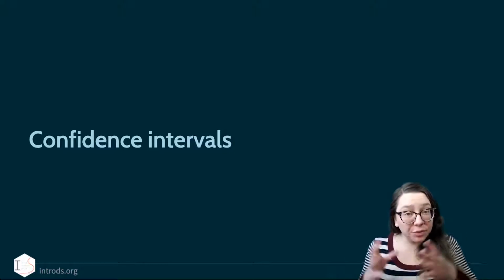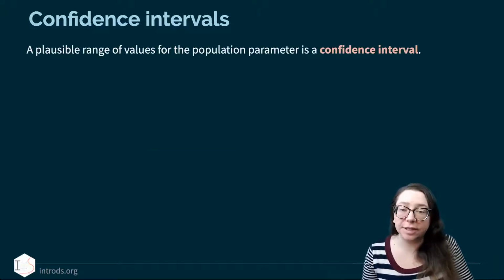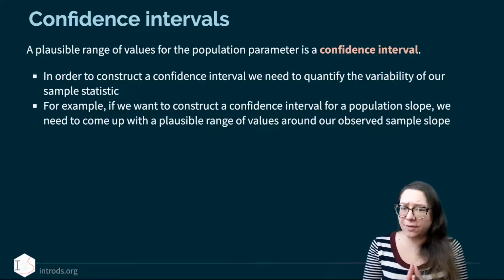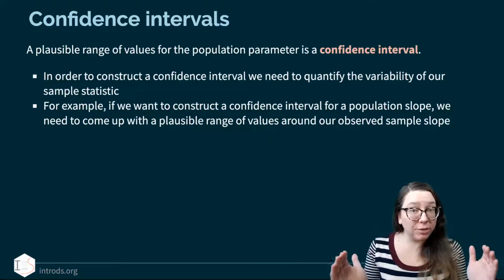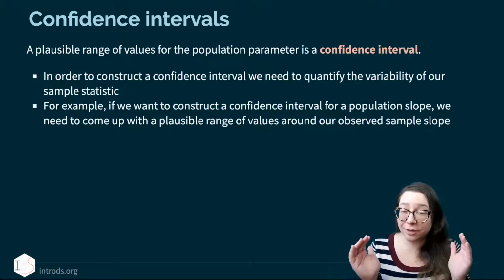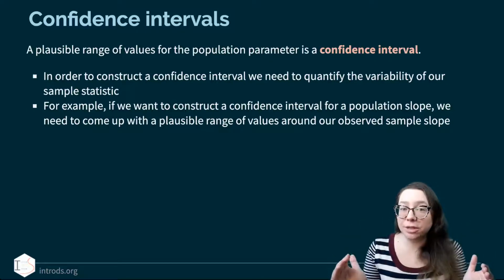This plausible range that we're talking about is called a confidence interval in statistics. In order to construct a confidence interval, we need to quantify the variability of our sample statistic. So for example, if we want to construct a confidence interval for the population slope, we need to come up with a plausible range of values around our observed sample slope. So that negative 43.10 that I had, I need a plausible range around it.